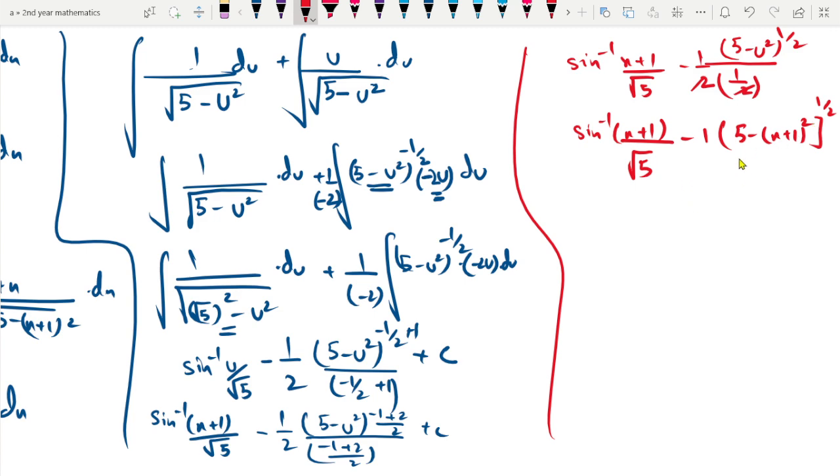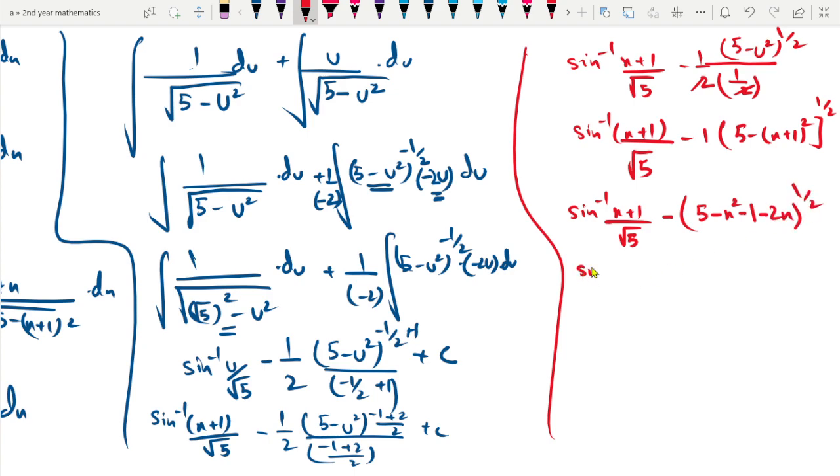So I can write it as sine inverse of (x plus 1) divided by under root 5 minus, and when I simplify this one, 5 minus x square minus 1 minus 2x, which is 4 minus x square minus 2x.